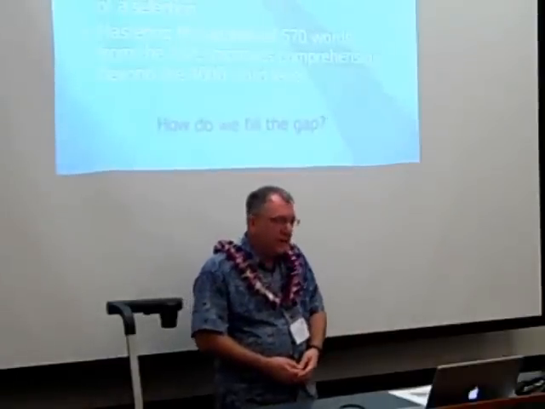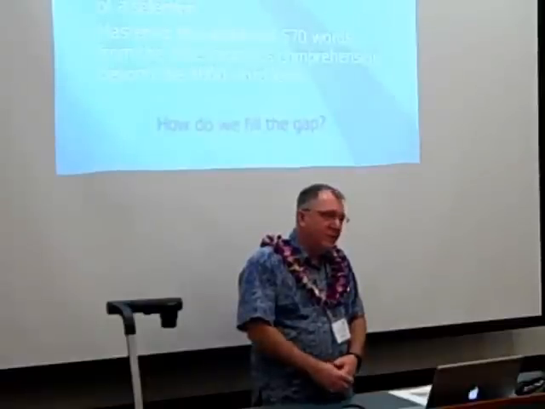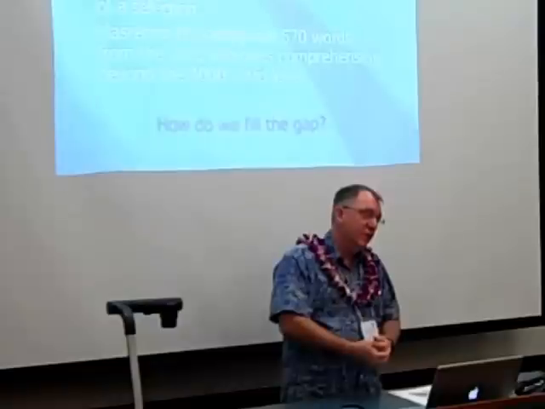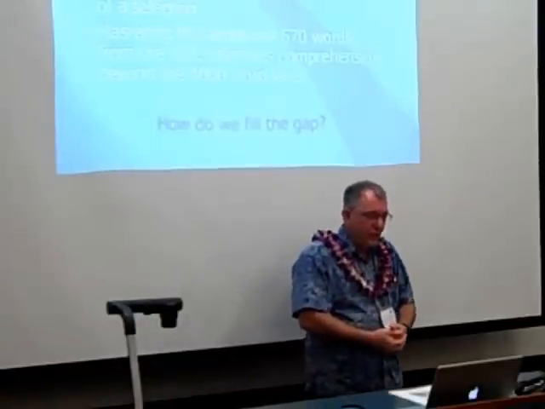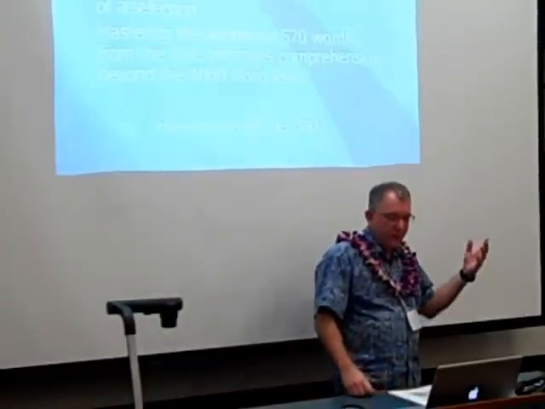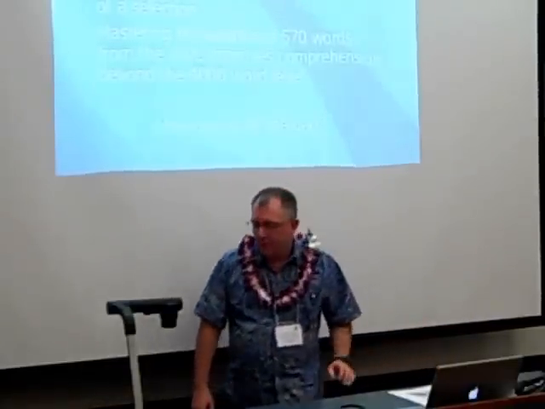So if we can take the time and focus on those 570 words, what we've just done is given our students the equivalent as if they had mastered the first 4,000 words in a selection. So my advice is that if you want to fill up that gap, let's focus on the academic word list.